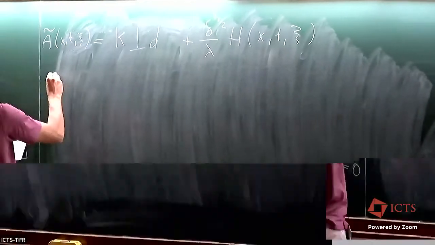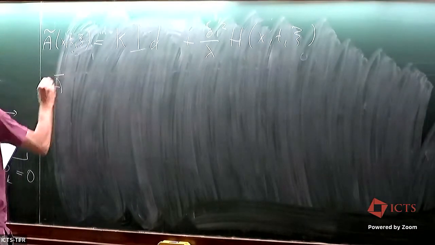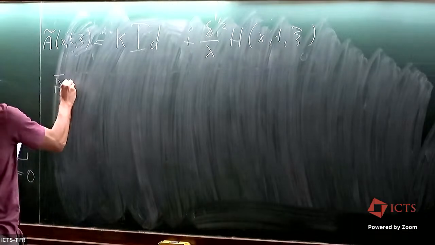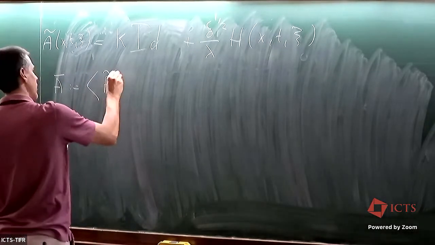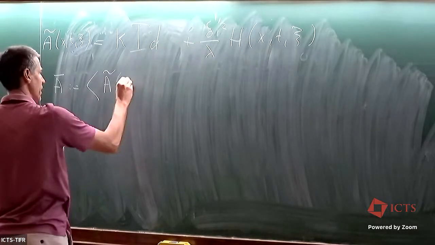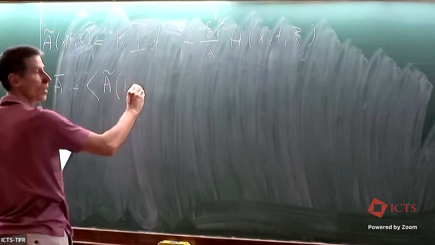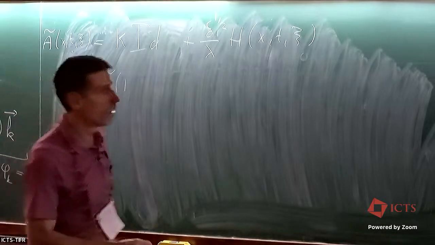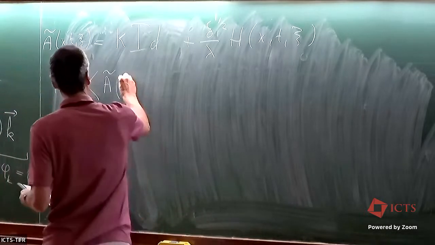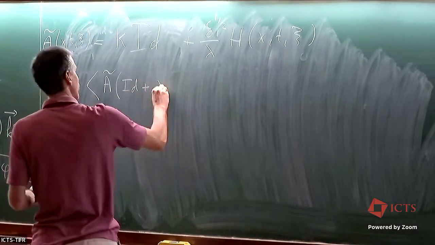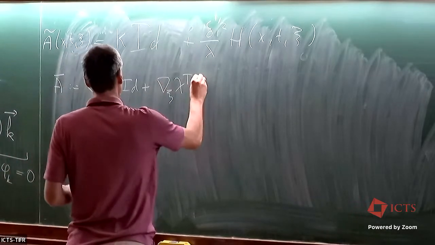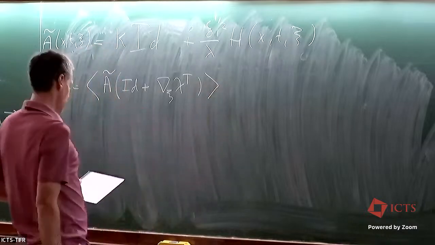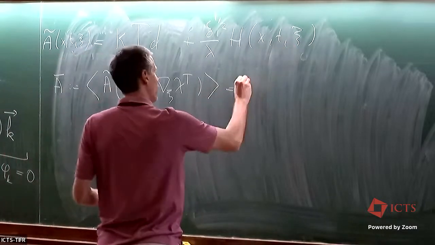And now this, let's say, homogenized coefficient, which is the average of this A tilde times identity plus the transpose of the gradient of chi. So I already showed how to start computing it.